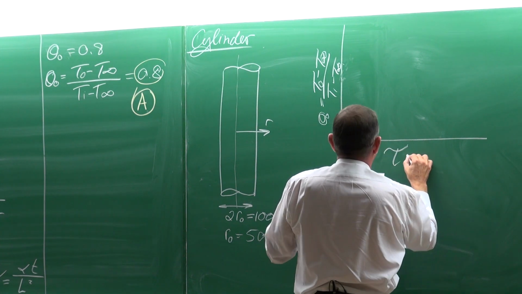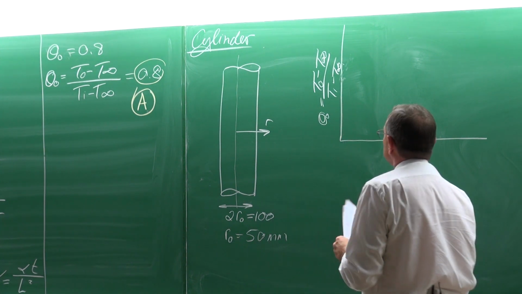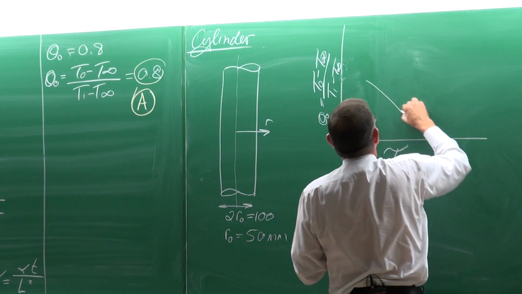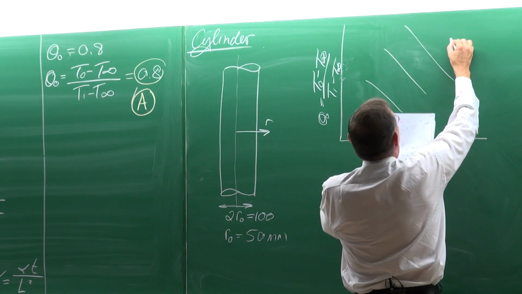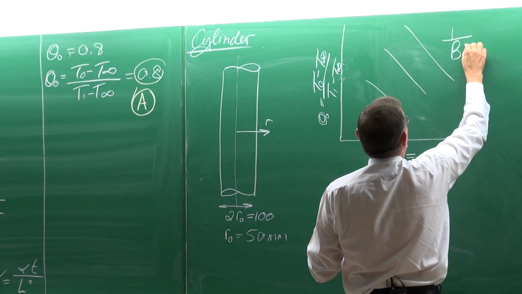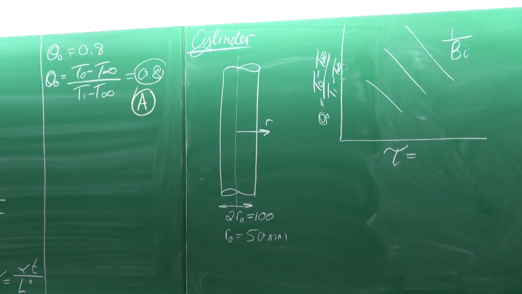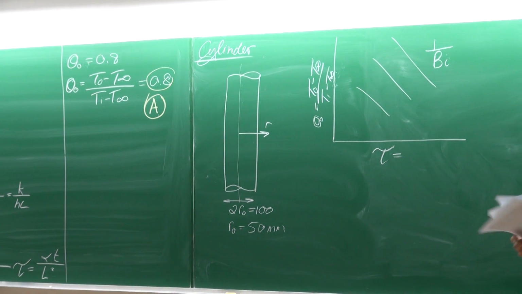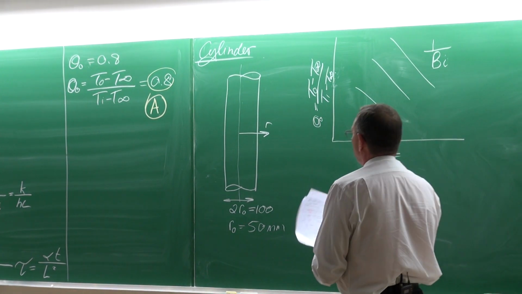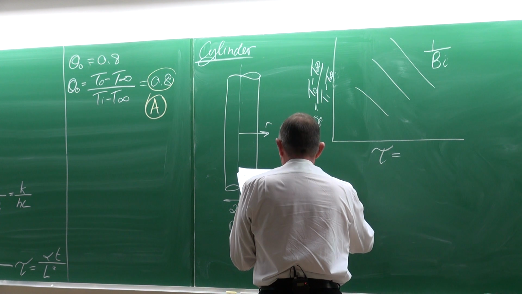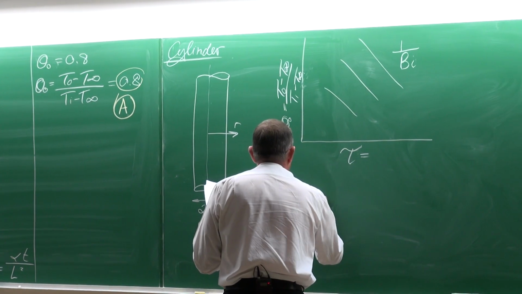Here we've got the non-dimensionalized time, and here we've got the Biot number, or 1 divided by the Biot number.